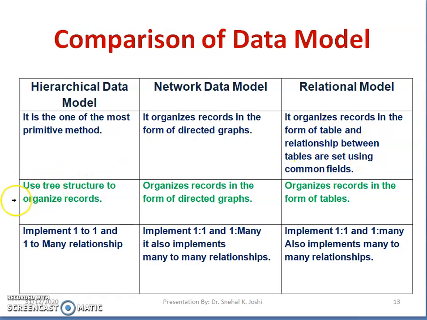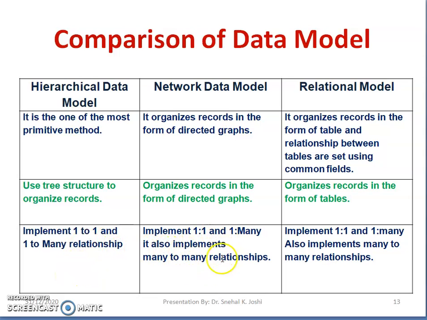Now, the second similarity or difference: the hierarchical data model uses a tree structure to organize the records. Whereas in the network model, the records are organized in the form of directed graphs. Whereas the relational model organizes records in the form of tables. The hierarchical database model implements one-to-one and one-to-many relationships.